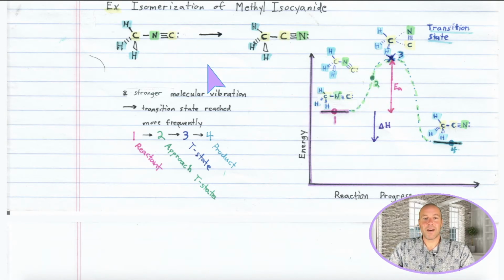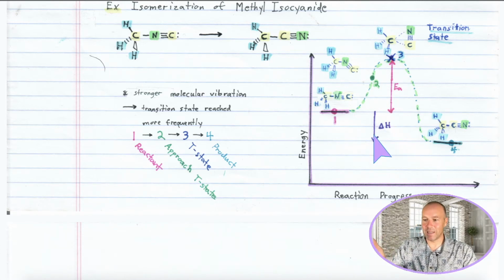Now your reactant molecule has a certain energy, and your product molecule has a certain energy as well. And it looks like in this case the product is lower in energy than reactant. So this is apparently an exothermic reaction. So if you start with more energy and you end up with less energy, then that excess energy is released as heat. Okay, so this is an exothermic reaction, but that's beside the point.